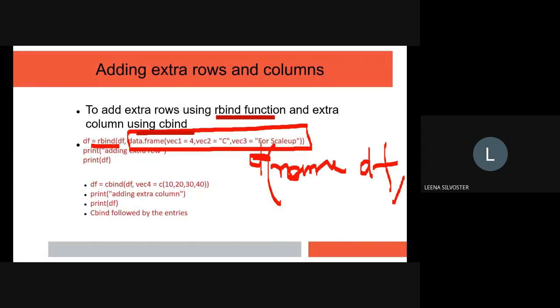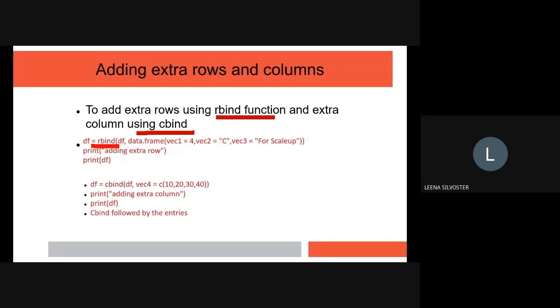What are the vectors? Vector 1 contains a numeric value. So vector 1 equal to 4. So the data frame contains three vectors: vector 1 equal to 4, vector 2 equal to C, and vector 3 equal to 4 scalar.